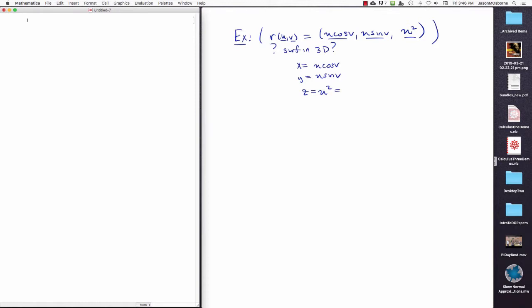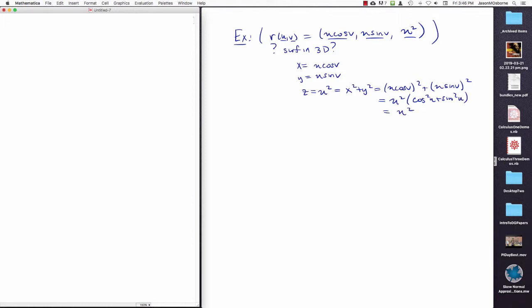But u squared is the same thing as x squared plus y squared, because squaring u cosine of v and u sine of v will give you u squared cosine squared of v plus sine squared of v to get u squared.